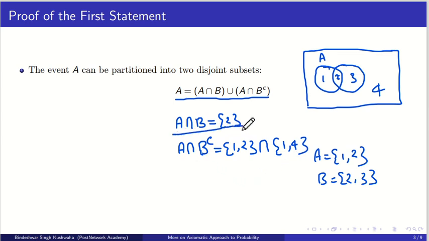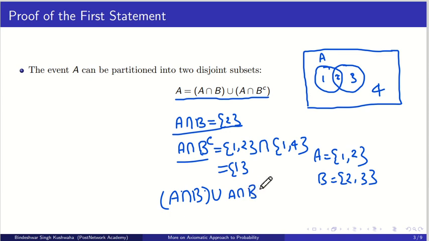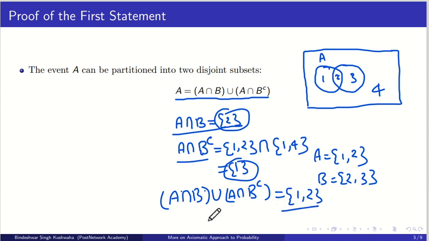Now if we take the union of both, we should get A. So here we will get 1 and here I will get 2. So the union of A intersection B and A intersection B complement is equal to 1, 2, this one and this one. So that is equal to A.